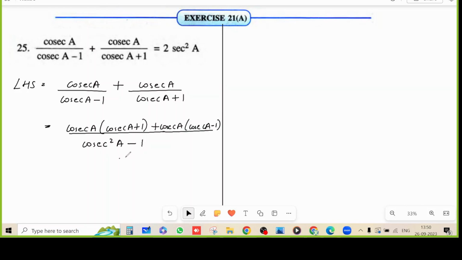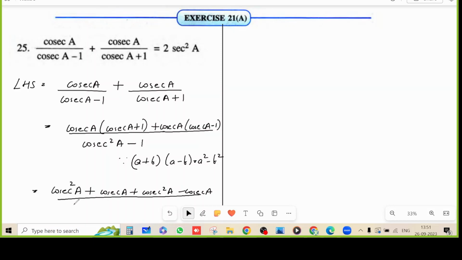For this we had applied the formula a plus b into a minus b is equal to a square minus b square. Now we will multiply the numerator. So this will give us cosec square a plus cosec a plus cosec square a minus cosec a, divided by cosec square a minus 1.